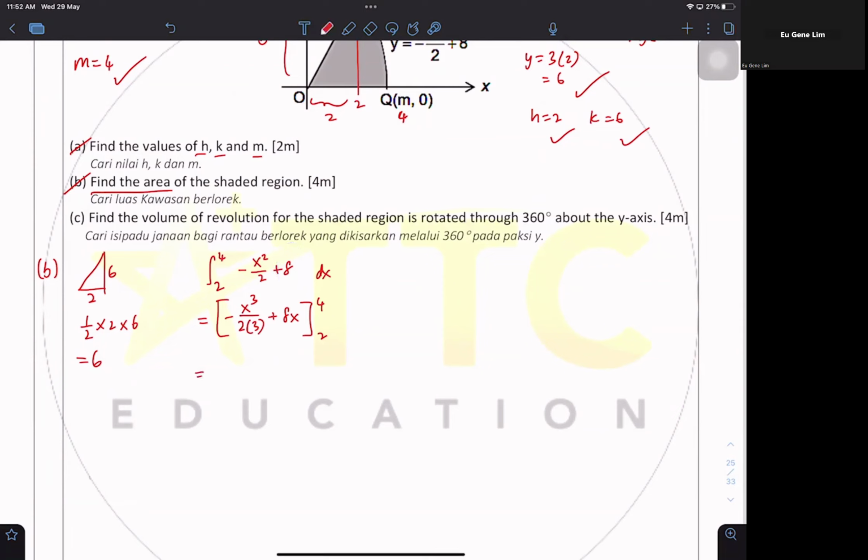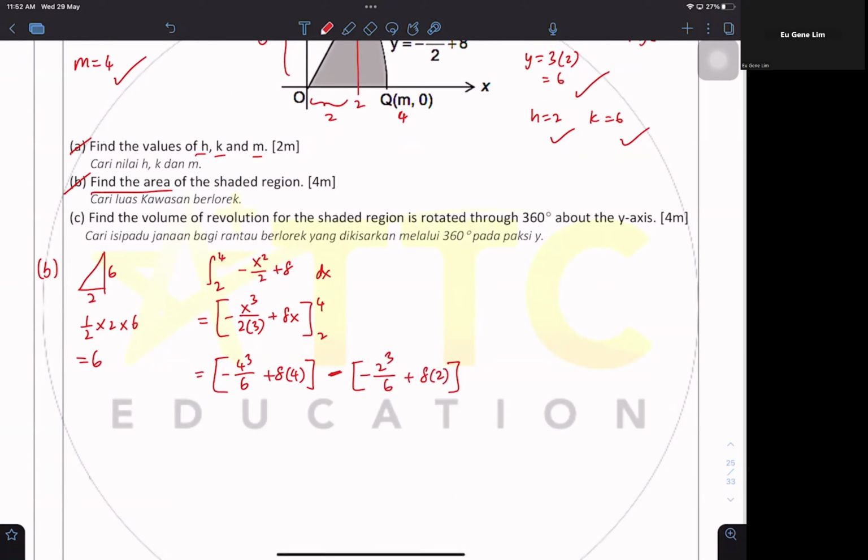Okay, continue. So now what can you do? You can substitute. After integrate, you substitute, right? You sub the top and then minus sub the bottom. Remember, sub top minus sub bottom. So when you sub top, 4 cube over 2 times 3, 6 lah, 8, 4. If you sub bottom, if you sub the 2, 2 cube, 2 times 3, 6 lah, 8, 8, 2.